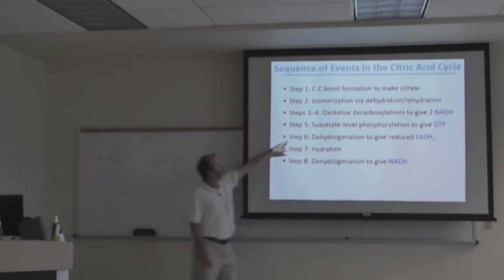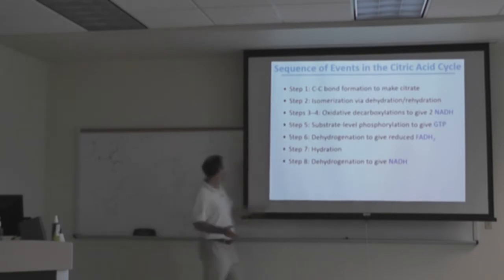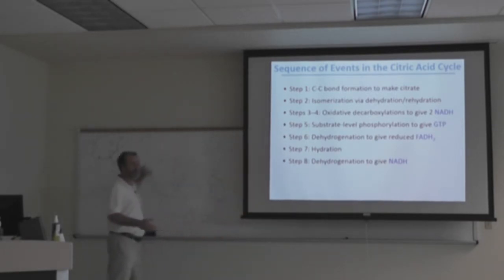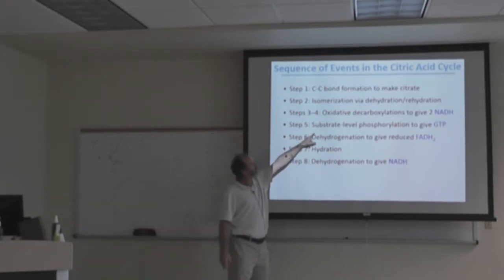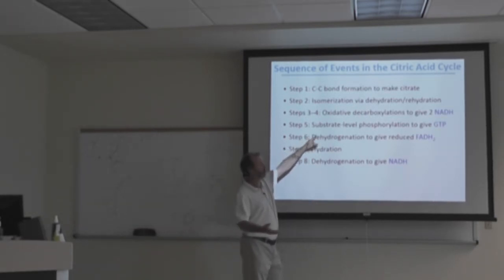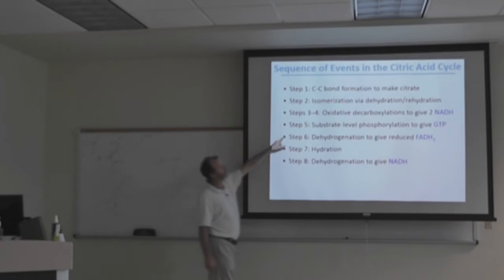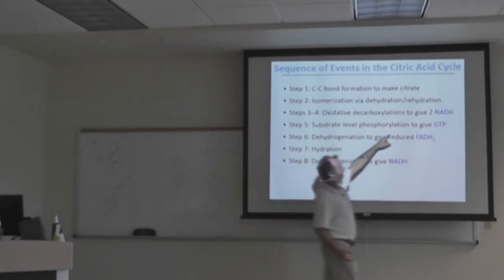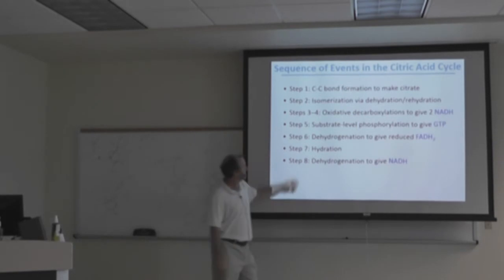Step 5 then is another oxidative decarboxylation, alpha-ketoglutarate, which looks very much like this, just different substrates. Then substrate-level phosphorylation with the succinyl-CoA: instead of generating acetyl-CoA, you generate succinyl-CoA, an activated succinate. And the energy from that CoA group can generate GTP.